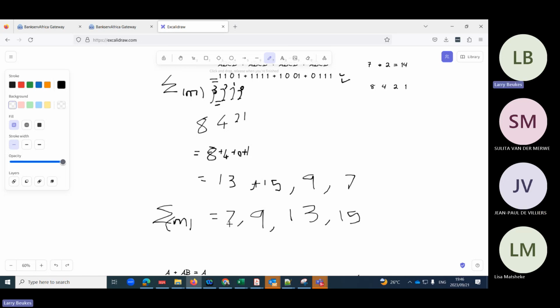Okay. If you need to convert it back, it's pretty simple. This is a 7, and now you need somewhere where they give you the number of variables, right?